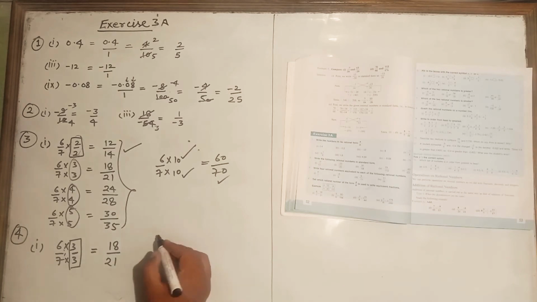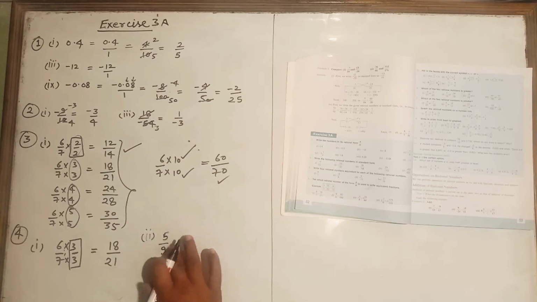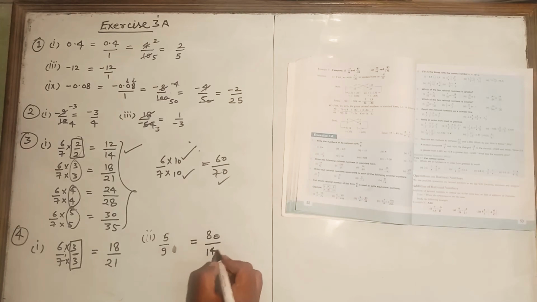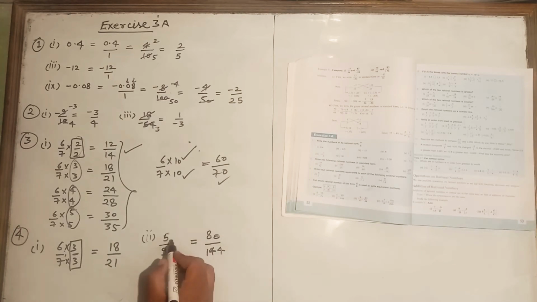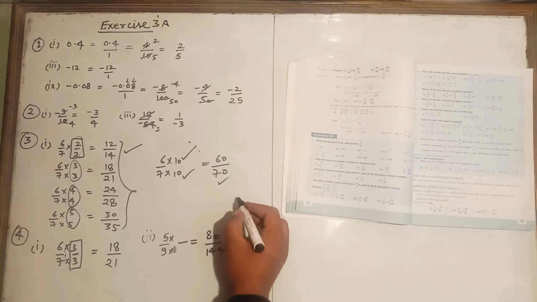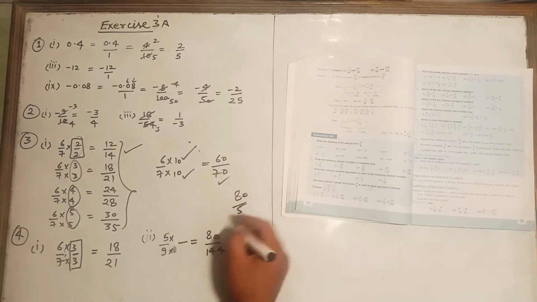Same way, second part is 5 upon 9 is equal to 80 upon 144. Now you have to find out what will come here. So what fraction will be there? See, 5 how many times we will multiply to get the result 80? If we don't know, then we can divide 80 by 5.